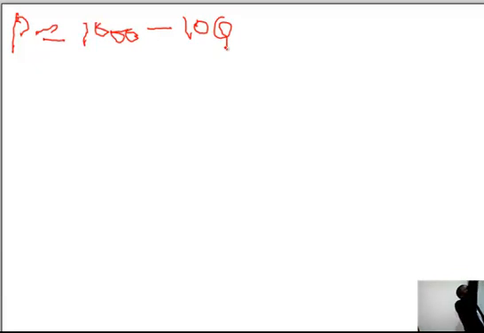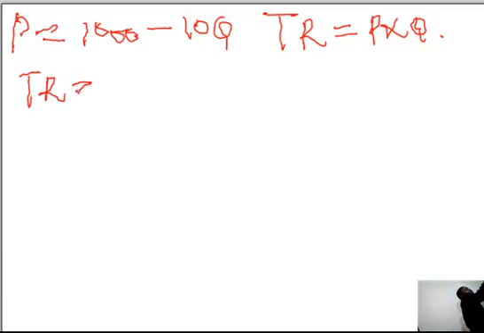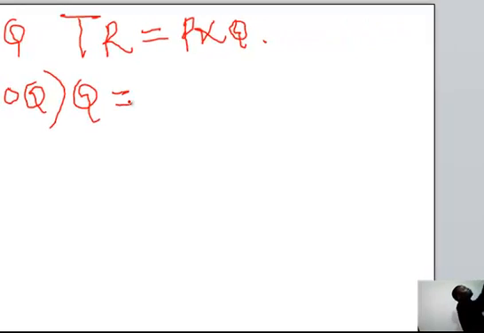So now, from our previous knowledge, we discovered that total revenue is equal to price times quantity. So now, substituting our P for this total revenue, we have total revenue equals 1000 minus 10Q multiplied by Q.